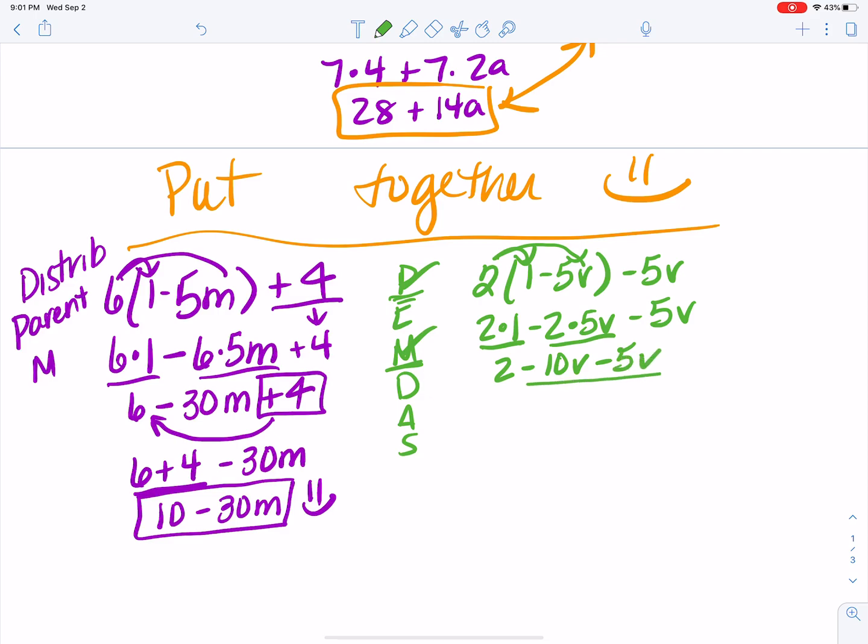So I can combine these like terms. I have negative 10 minus 5 more of those. Since they are the same sign, you will add and keep the same sign. So 10 plus 5 is 15. It stays negative. 2 minus 15v.